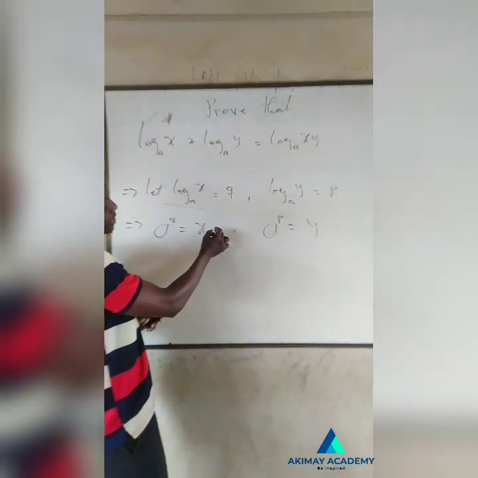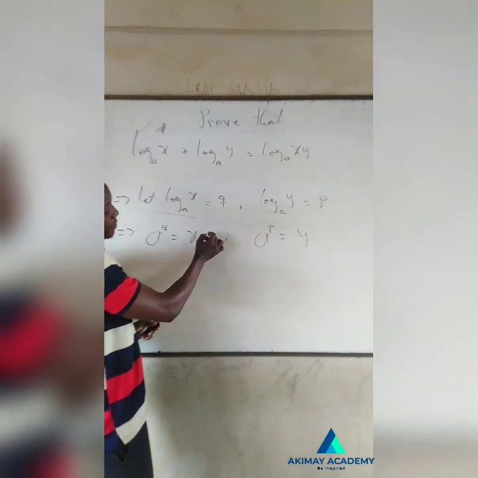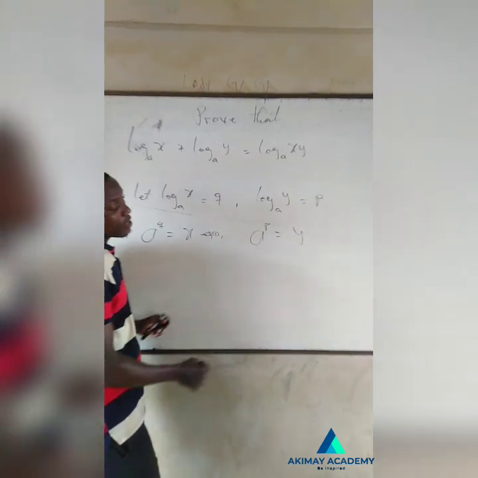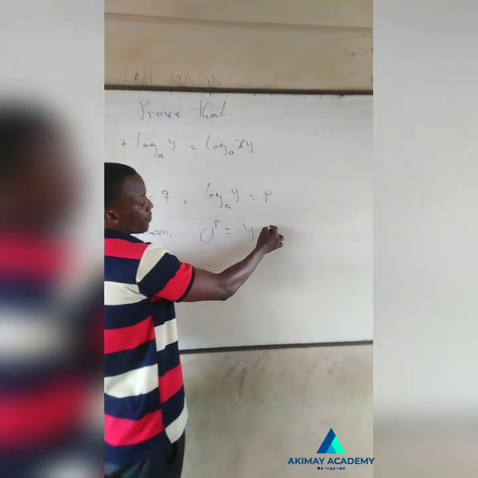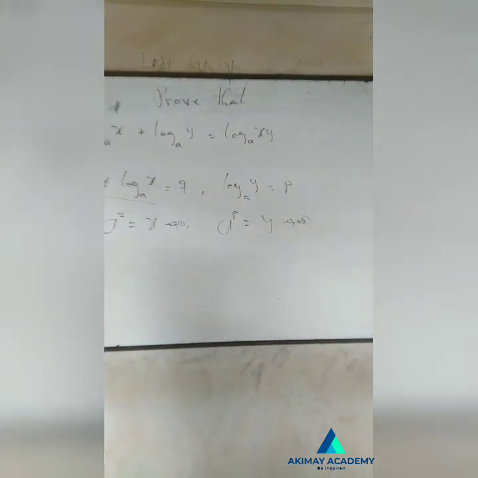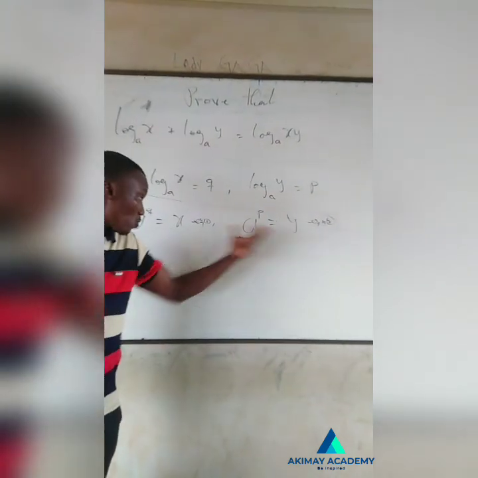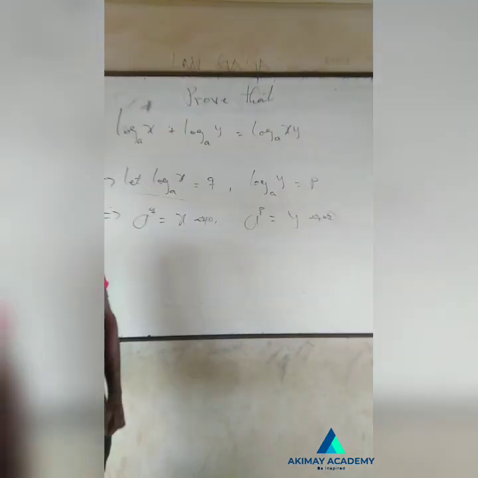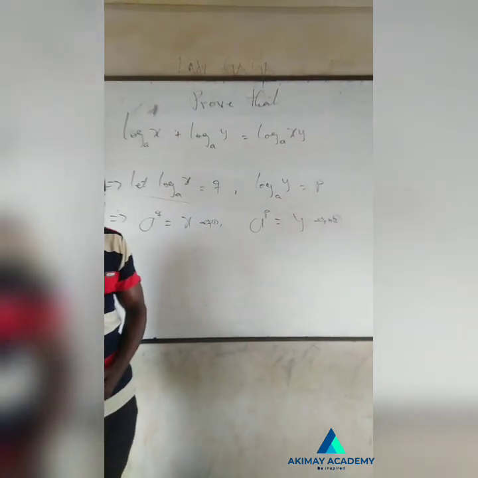Now we can consider this one to be equation 1 and this one to be equation 2. Multiply equation 1 and 2.